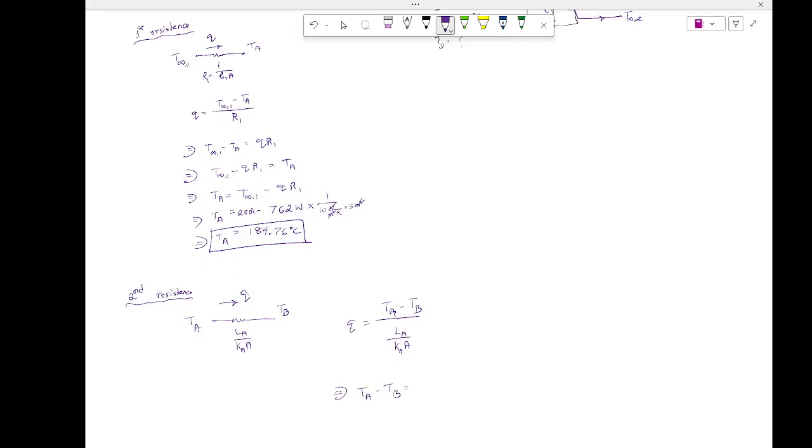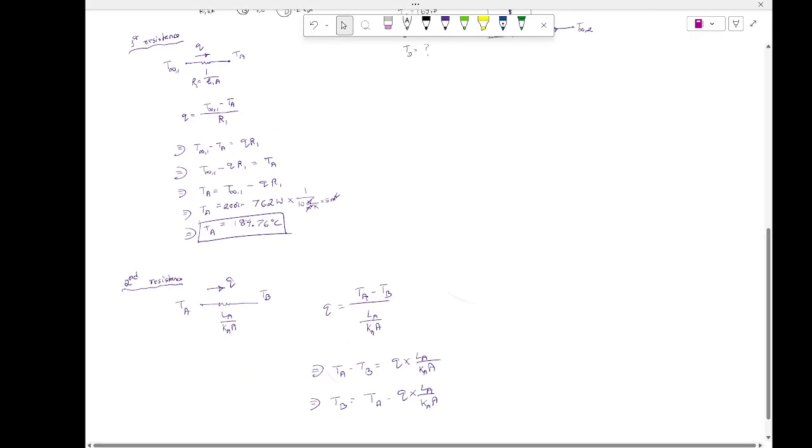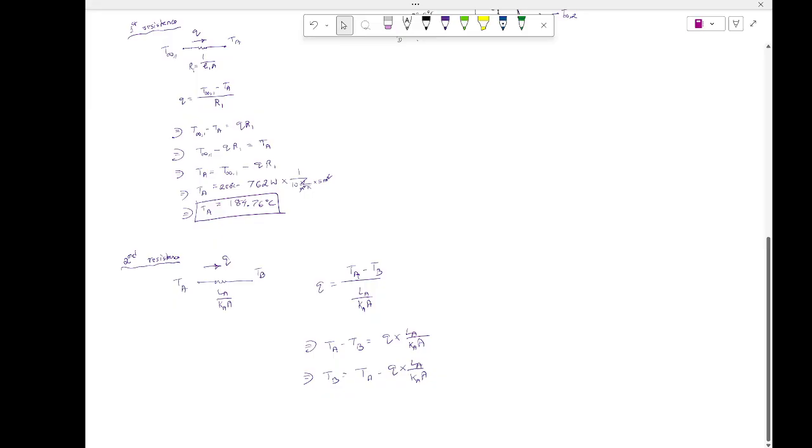You want to do it this way: Q multiplied by LA over KAA, and then TB equals TA minus Q LA over KAA. So I'm doing it for you actually. Now you have to plug in all the values to find the value of the second resistance. This way you want to do the third resistance.